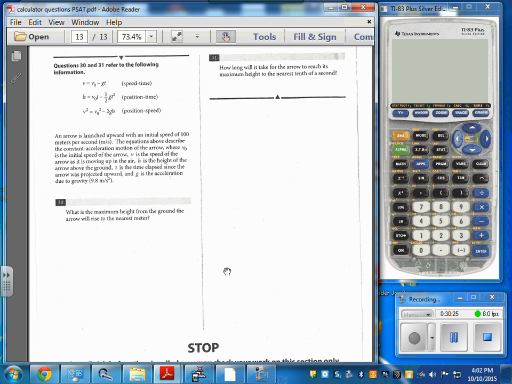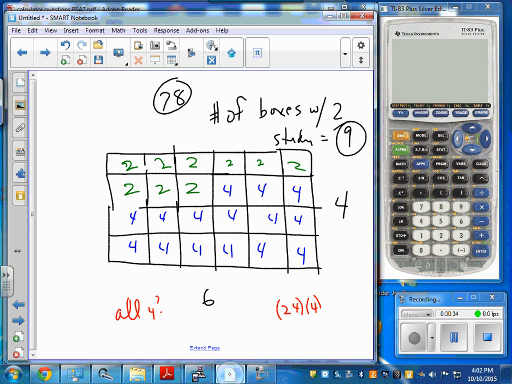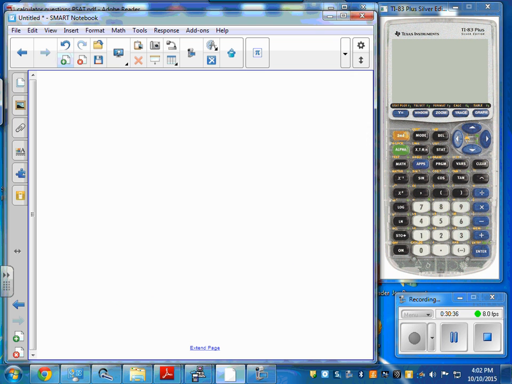T is the time elapsed since the arrow was projected upward. And G is the acceleration due to gravity, which is given as 9.8 meters per second squared. Okay, so just writing these equations down, we have V is equal to 100 minus 9.8T.